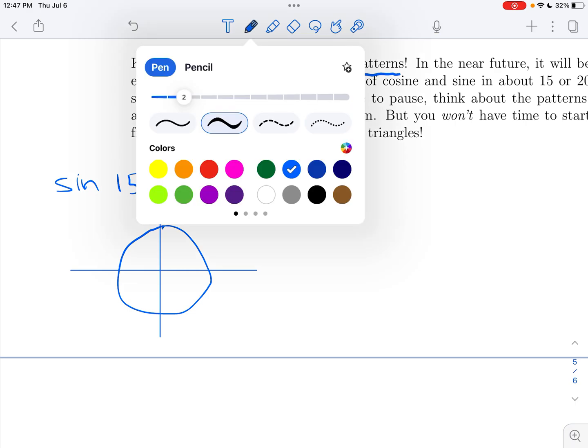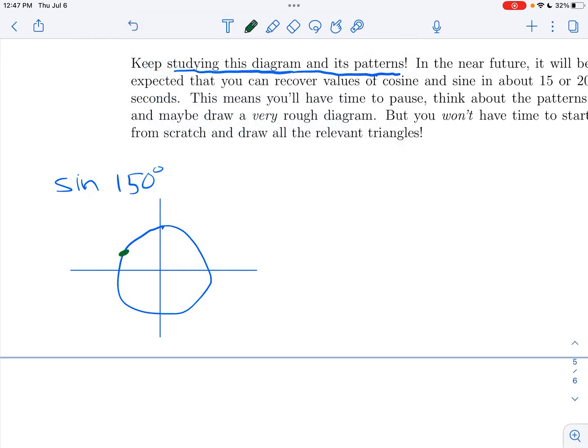And you know 150 degrees is almost 180 degrees. Right, 180 degrees is perfectly at the leftmost point, and you're thinking, okay, it's a location like that. I know that that x-coordinate is almost -1, so that's negative root 3 over 2.